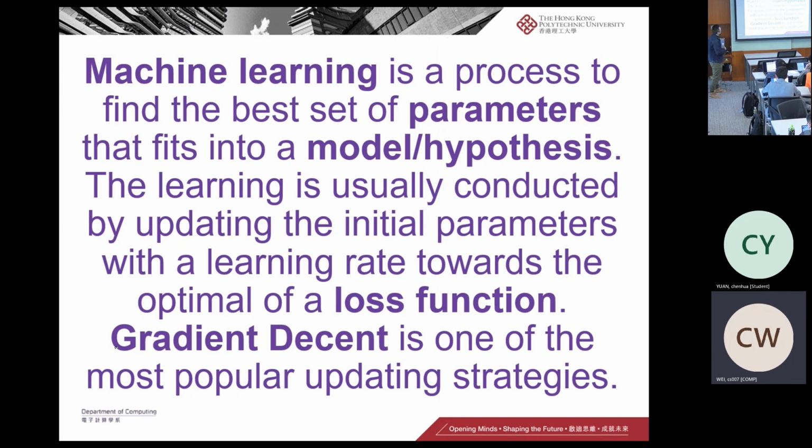So the learning process is conducted by updating the parameters with a learning rate towards the optimal loss function, right? The loss function we define. Then gradient descent is actually an algorithm for updating the parameters. So these are the relations between those terms.